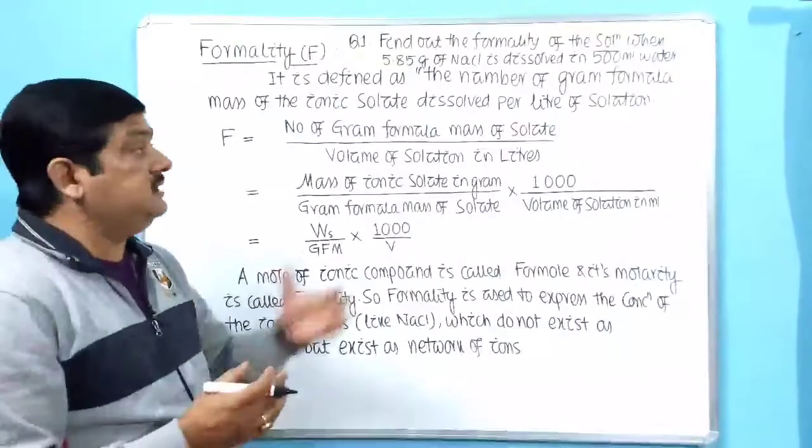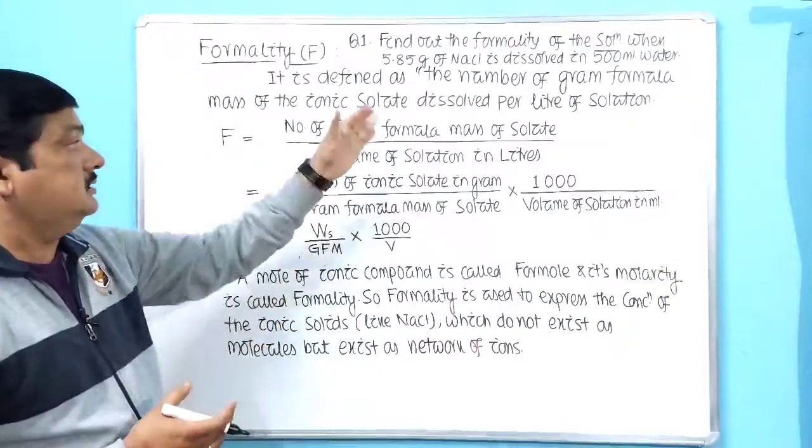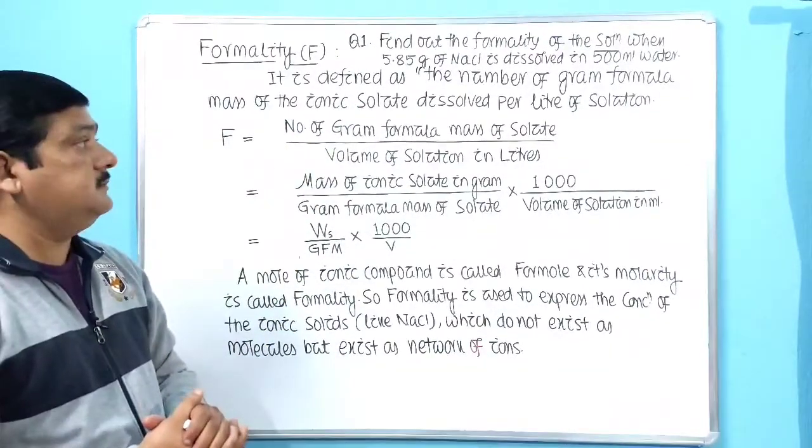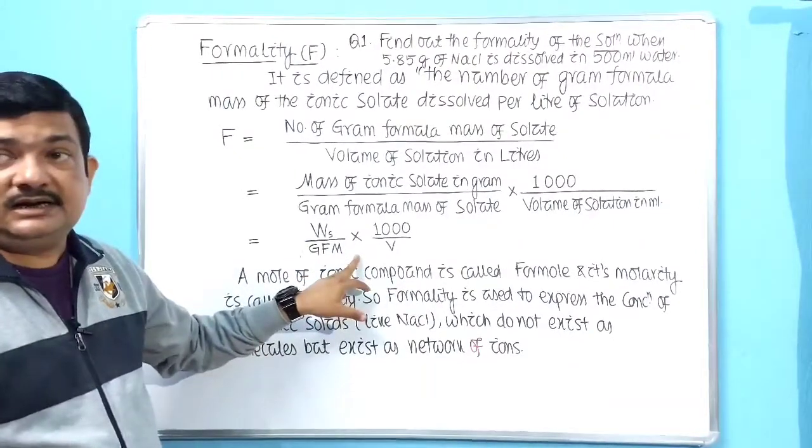What is the volume of solution given here? 500 milliliter. What is the mass of the given ionic solute? 5.85 gram. So you can put the formula and get the answer directly.